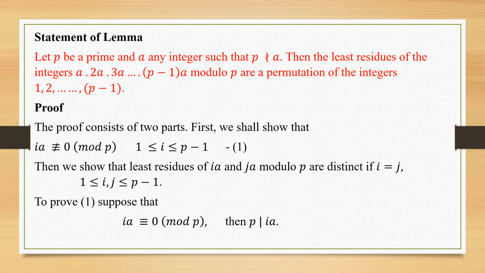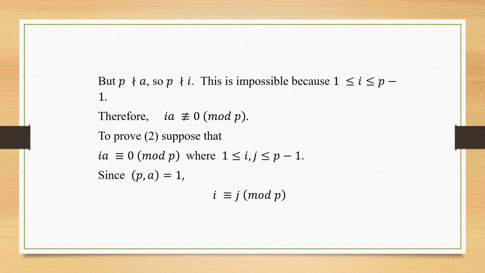So that's why I'm saying that p is dividing i times a. But p does not divide a, so p divides i. This is impossible because i is lying between 1 and p minus 1. Therefore, i times a is not congruent to 0 mod p.